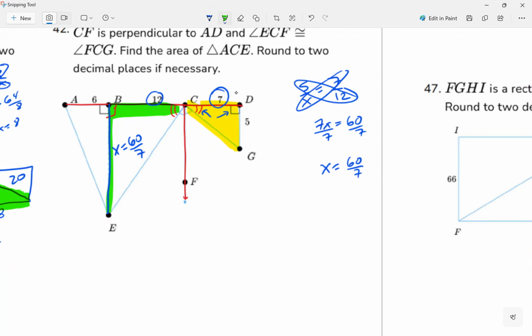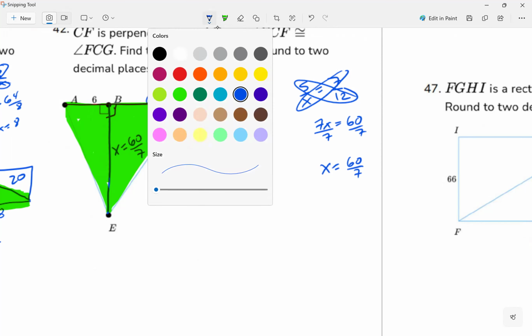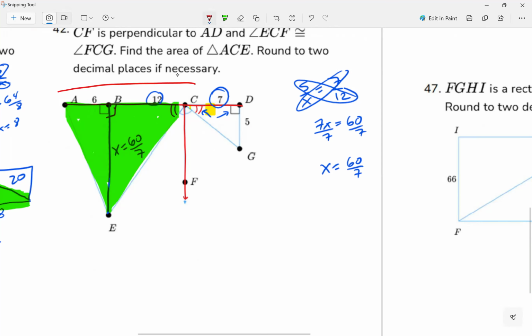Now, the question here is find the area of the triangle ACE. So I'm really looking at this whole triangle here. I know this side right here is 18.